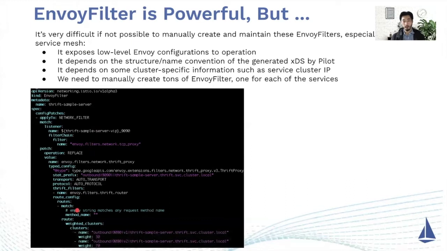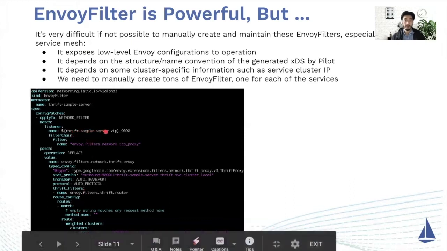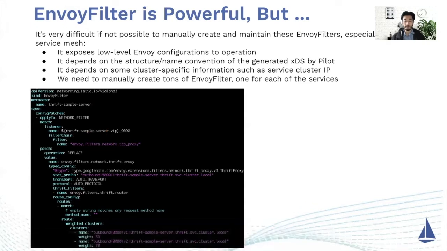To make things worse, some parts of the Envoy filter, such as listener name, depend on cluster-specific information, like cluster IP, which means the Envoy filter can't be ported across multiple clusters without modification, or needs to be updated after a service has been recreated. Istio can only do very basic validation of Envoy filters, so you can easily break things and cause an outage.